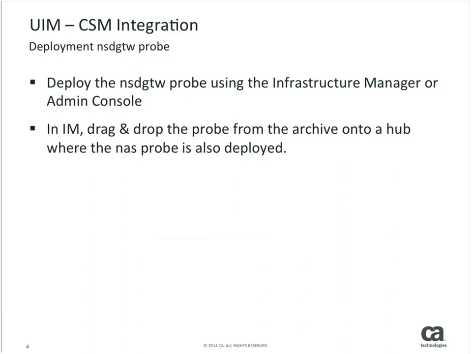So in Infrastructure Manager, drag and drop the probe from the archive onto the hub where the NAS probe is also deployed. That last part, the NAS probe, is important, because if you try to deploy it to another robot or hub where the NAS probe is not present, then you will end up in problems.